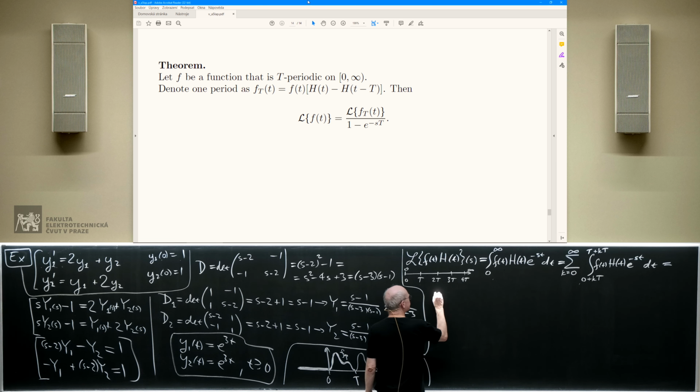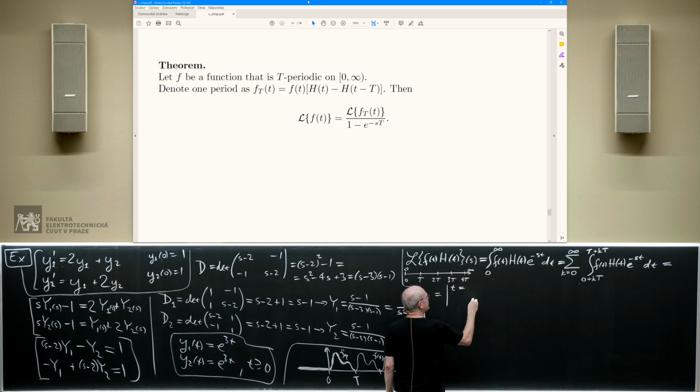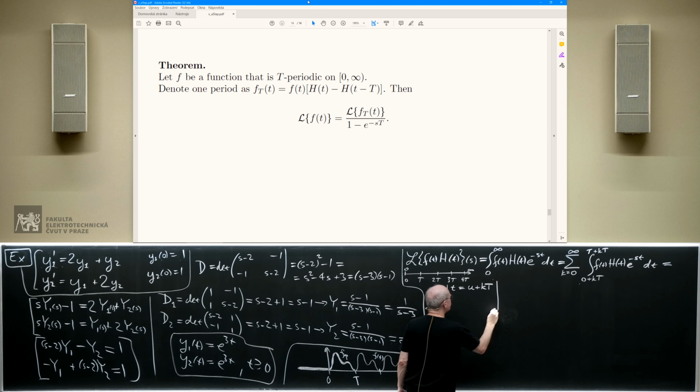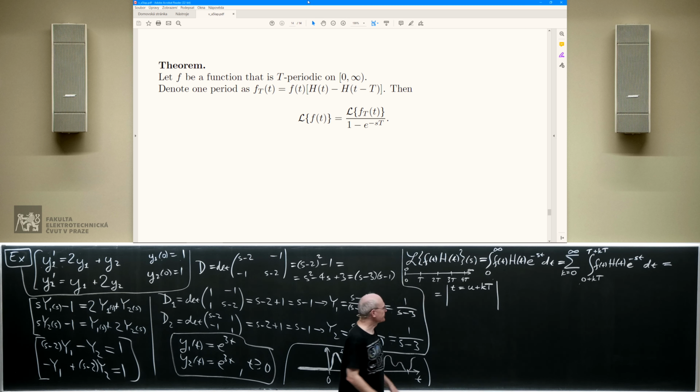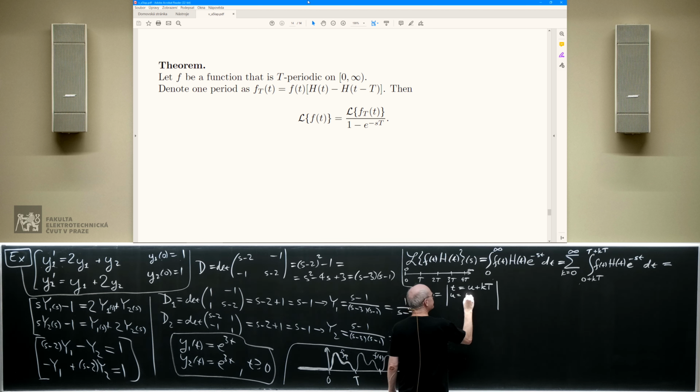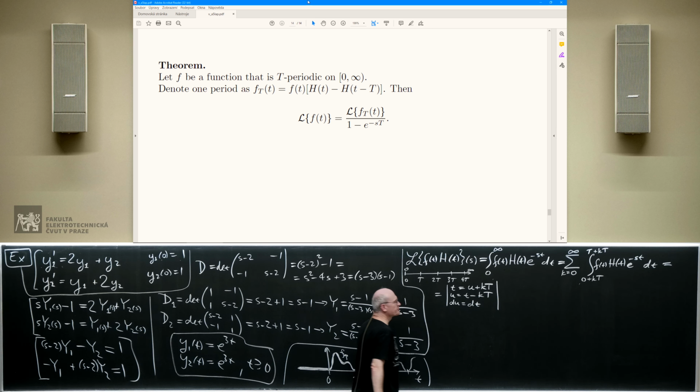Okay, here it comes. My next step is replacement. Instead of t, I'm going to use u plus kT. Or if you want, u is t minus kT. This is a linear shift, so du is definitely dt. No problem there. Let's see.